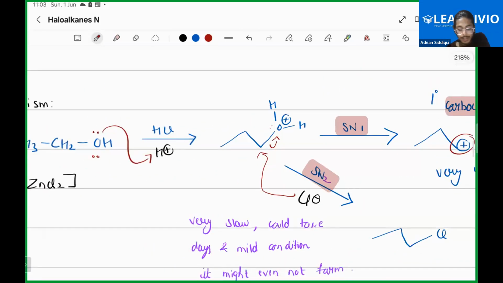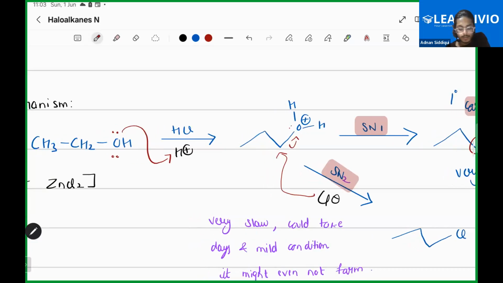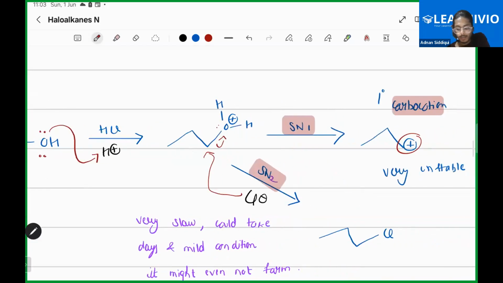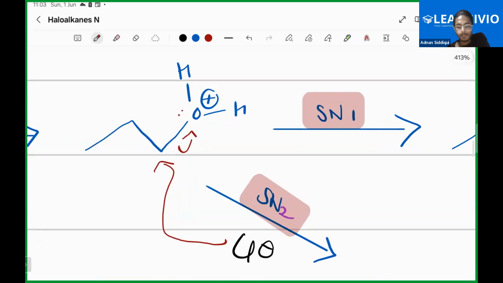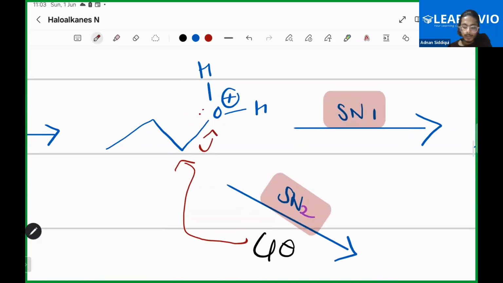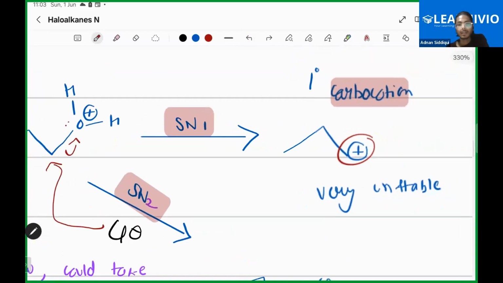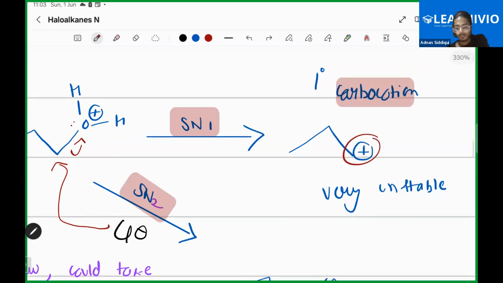So initially the positive charge was on hydrogen because oxygen tried to help it. The positive charge transferred from hydrogen to oxygen. Now, to stabilize its own charge, it took an electron pair from carbon. Then at the end, the positive charge is at the carbon. Is it clear till here?